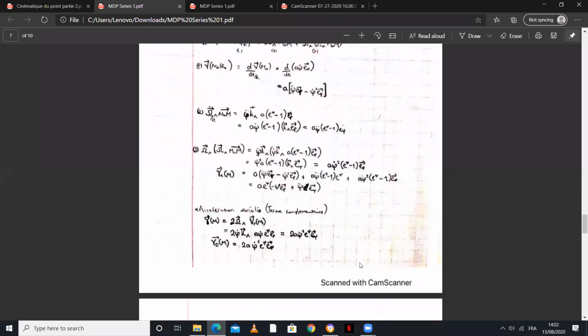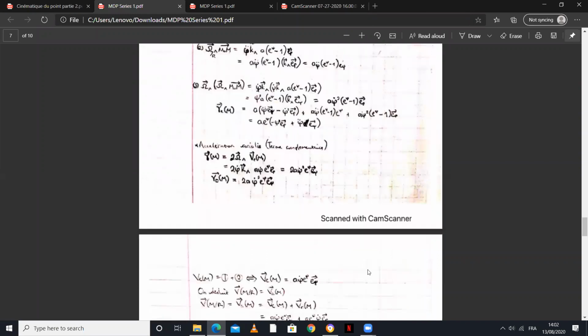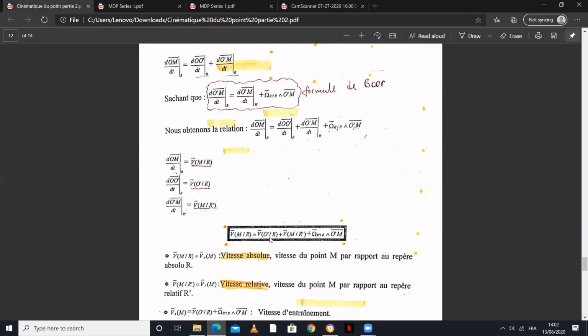They've already used la formule de Bour to get those. So using the formulas, you won't need to do it. But if you're going to derive OM directly in R to get your vitesse, you will need to use la formule de Bour, and you might confuse yourself somewhere there. So just use vitesse d'entraînement and vitesse relative. Just know the formulas: the vitesse d'entraînement is this one plus that one, and the vitesse relative is that there, and you get your answer.